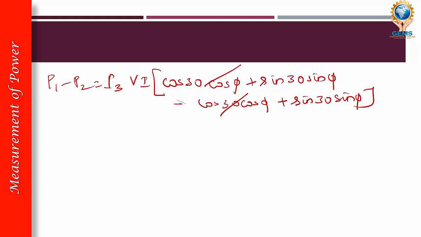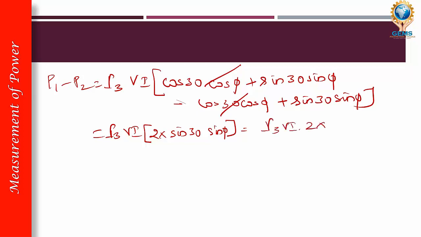So this and this will get cancelled. Root 3 VI times 2 sin 30 sin 5. 2 into sin 30 is 1 by 2, which is nothing but root 3 VI sin 5.